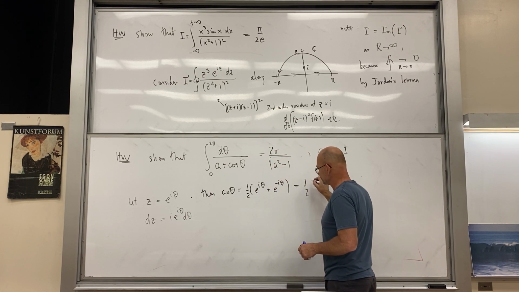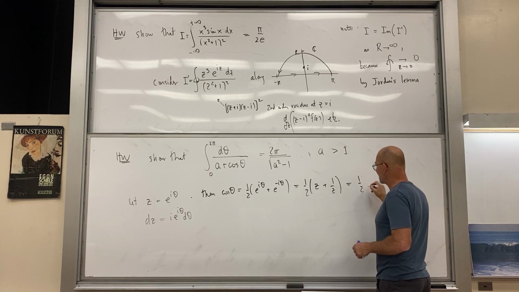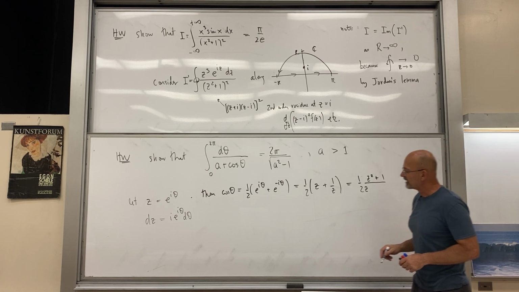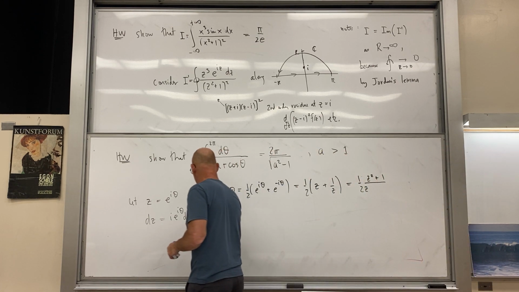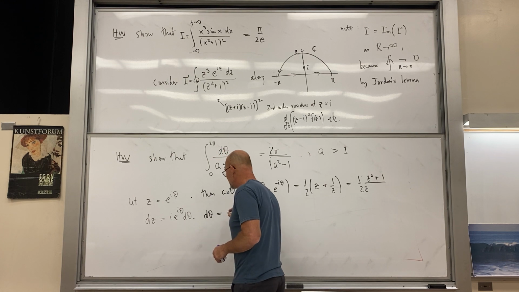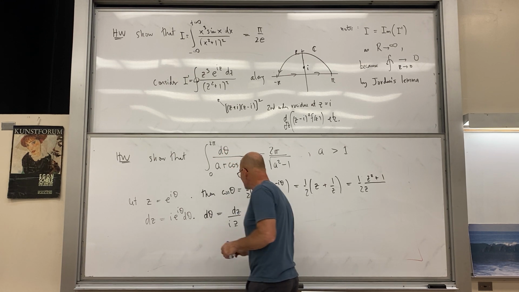We have a half z plus 1 over z equals 1/2 z squared plus 1 divided by z. And what about this dz here? We get d theta is equal to dz over i times z.